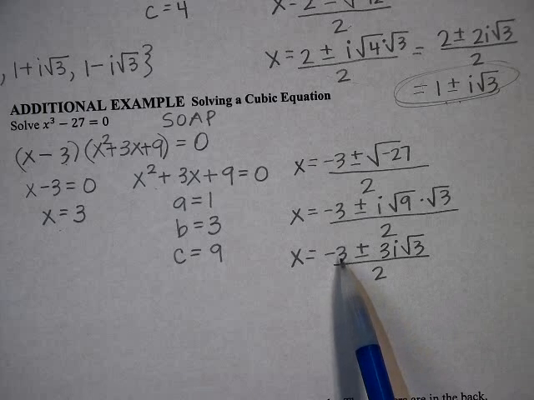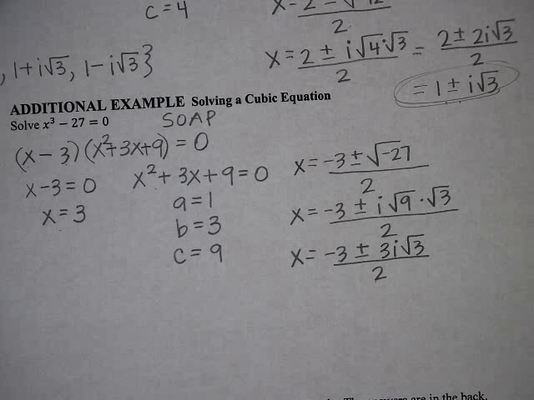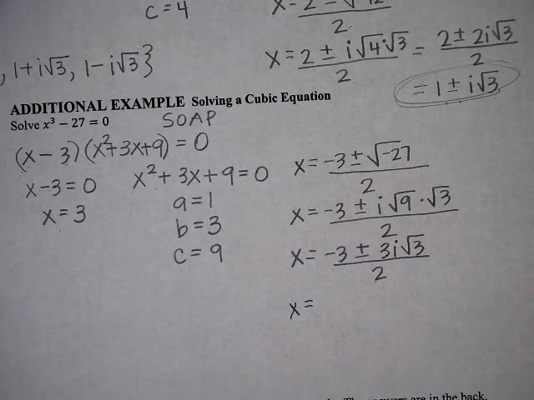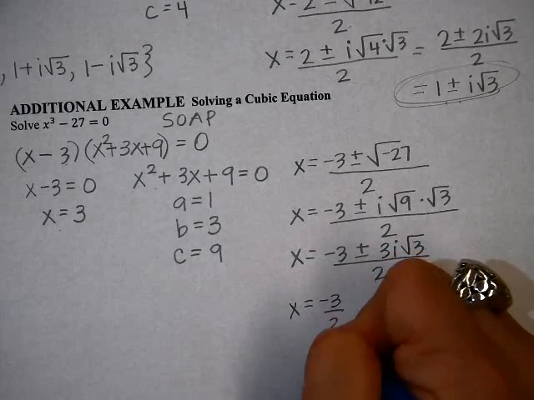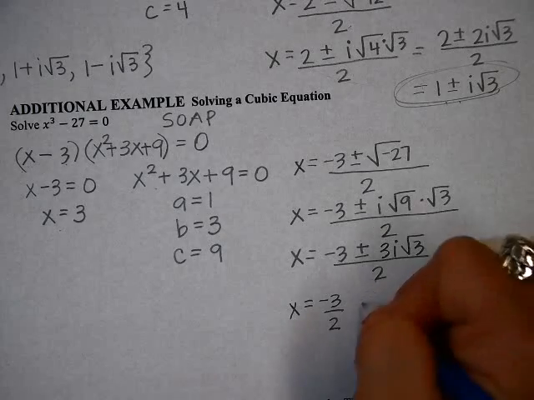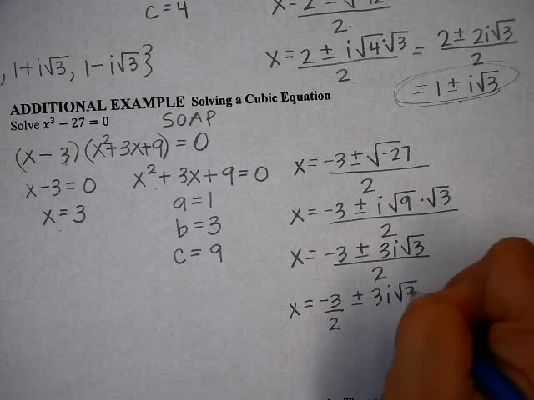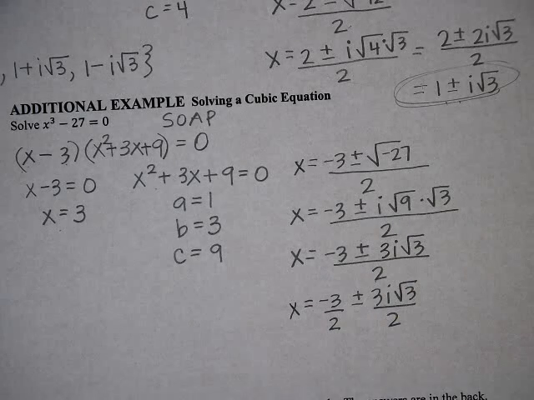Now make note that we have 3, 3, and 2. That cannot be simplified, so you will leave that as is. However, remember that MyLabs Plus in your book usually separates this so that it's -3 over 2 plus or minus 3i square root of 3 over 2.